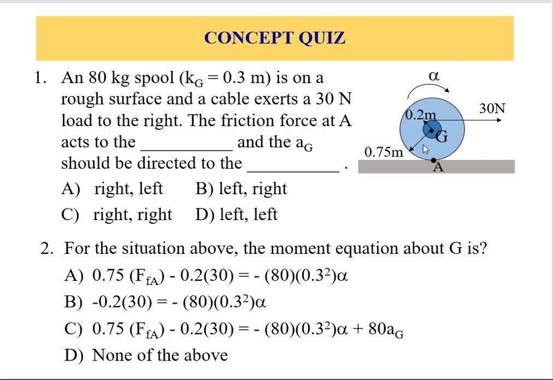So it's going to be 0.75 multiplied by F minus 30 multiplied by 0.2 equal to negative alpha IG. So the answer is A.